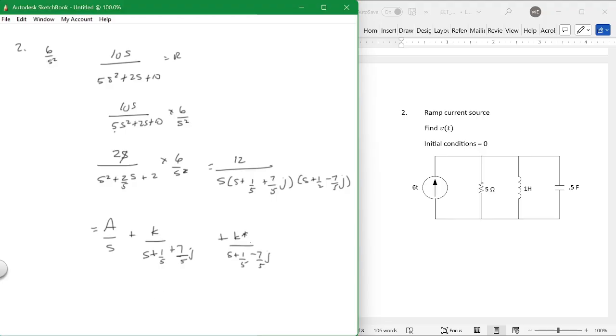Now, this is as far as I got. I missed this right here. It should be 12, okay? Did anybody get 12 over that? Did anybody follow this through and finish this off?